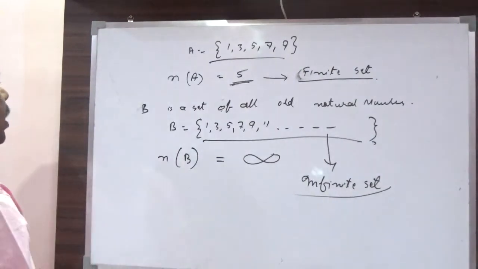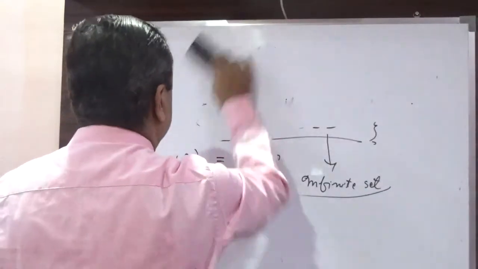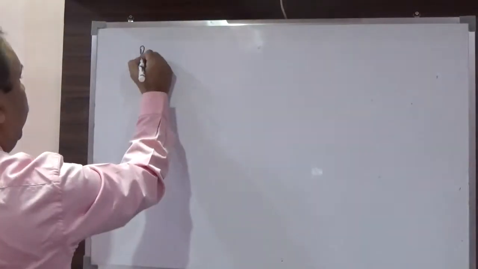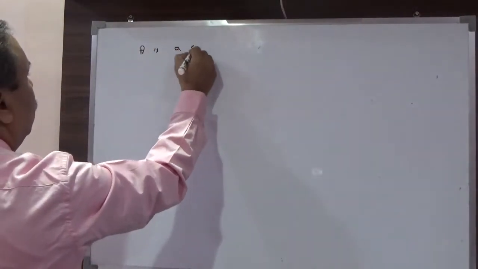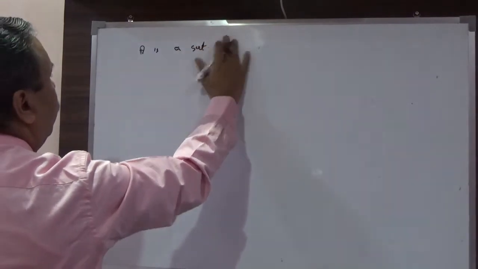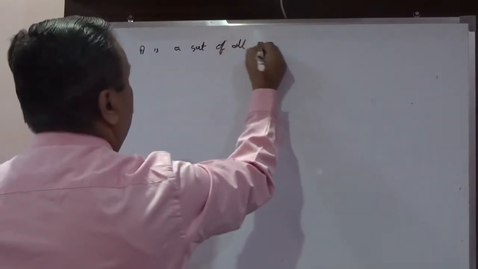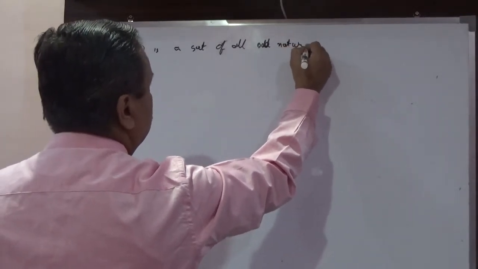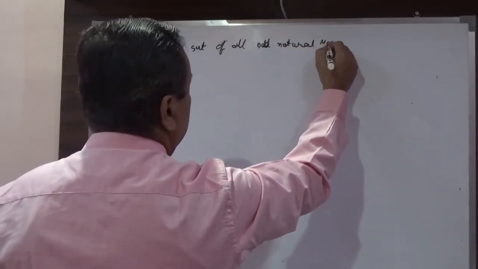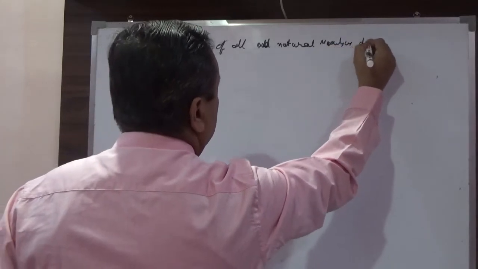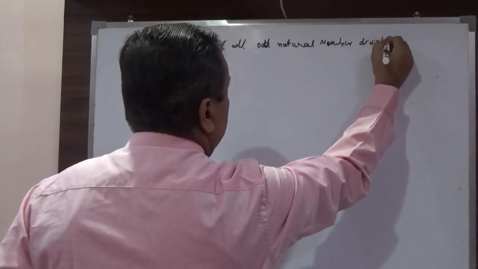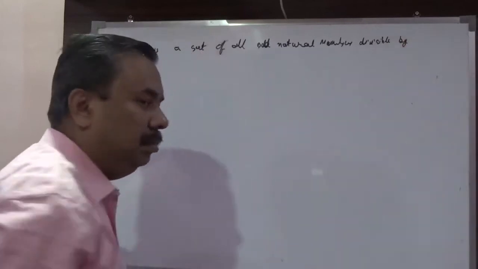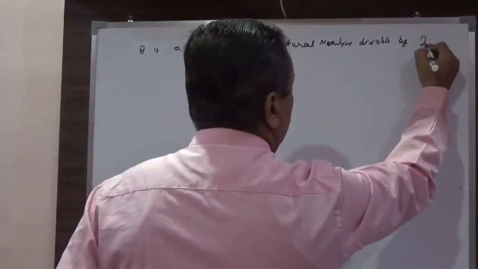Suppose A is a set of all odd natural numbers divisible by 2.